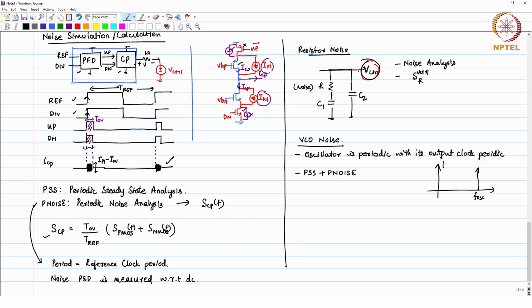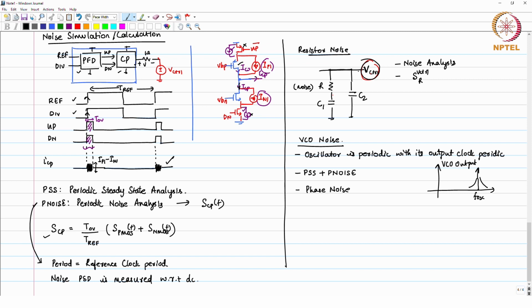This is the spectrum of the VCO output. The noise which we are looking at is like this. This is the noise which we are interested in. So, you look for the output phase noise.